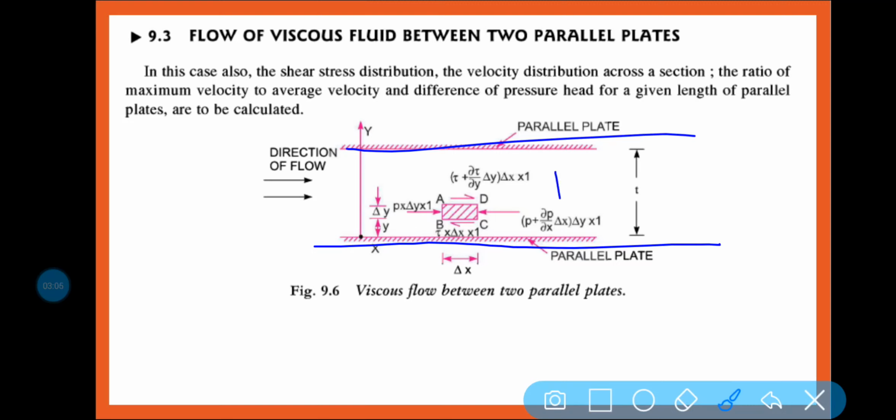Now one strip or small water element ABCD is taken at a distance y from the lower plate.